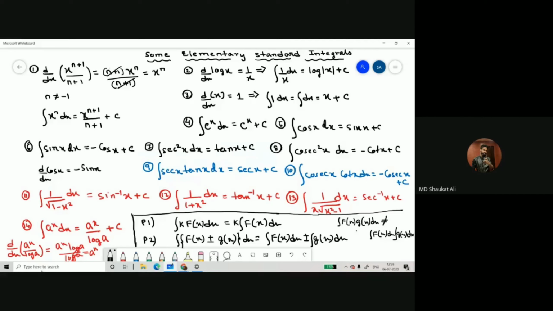We can't do like this. Am I clear? Now let us look at the sums from exercise 8.1 and 8.2 from ML Agarwal.